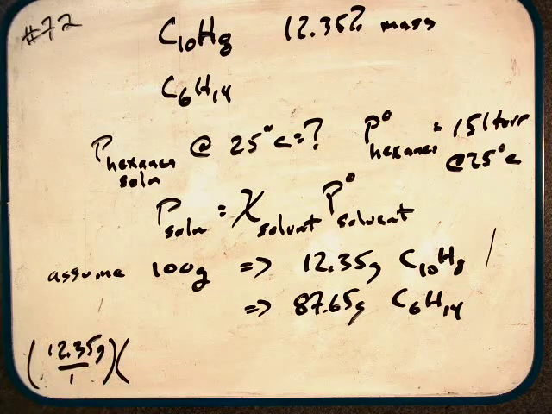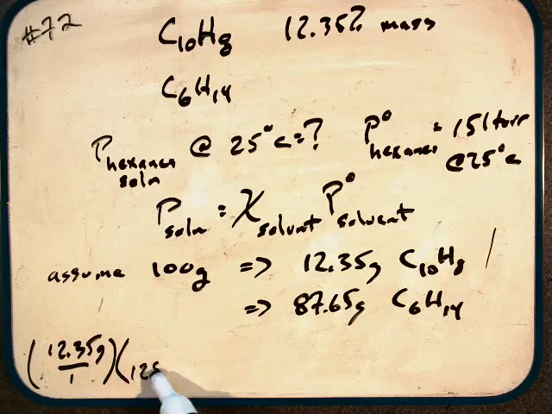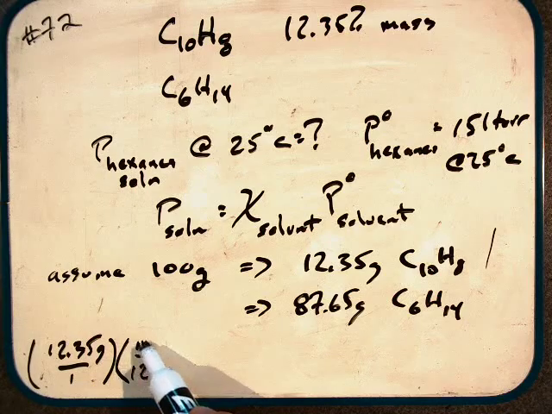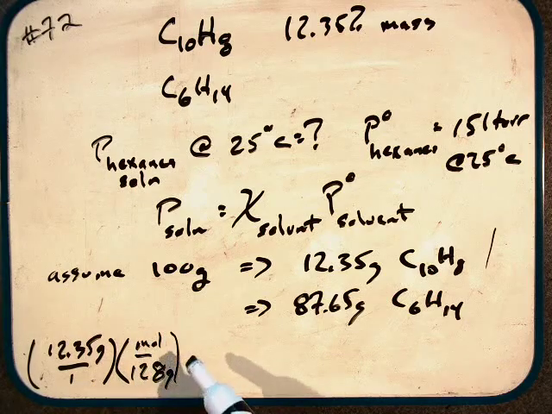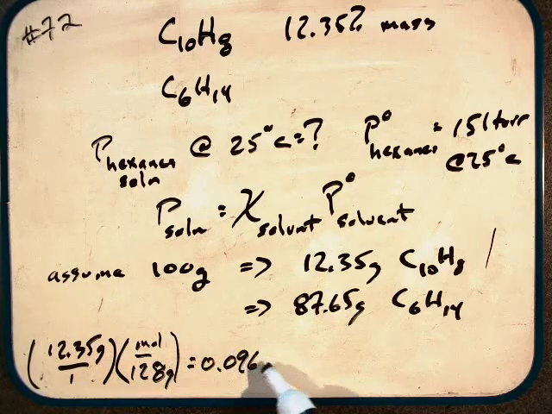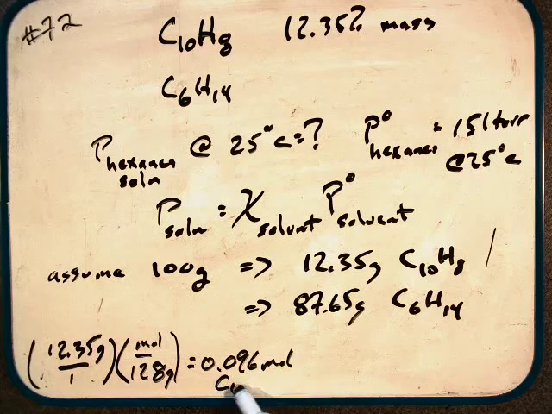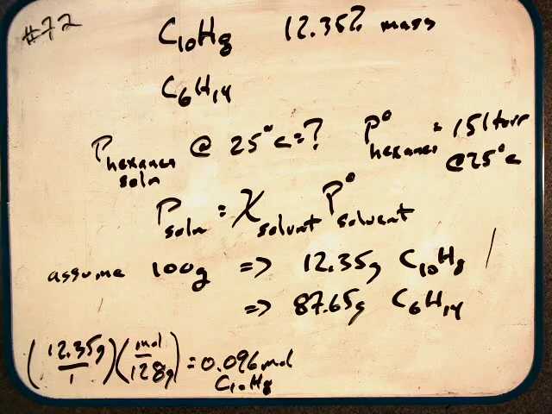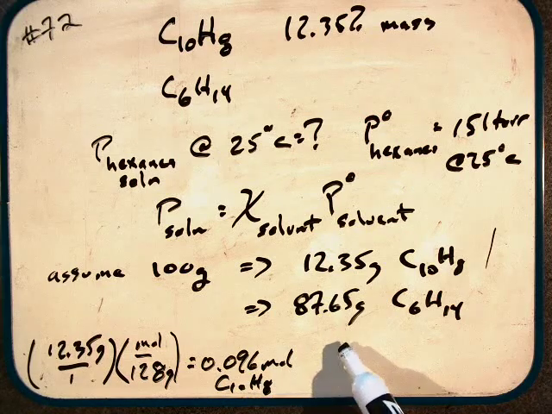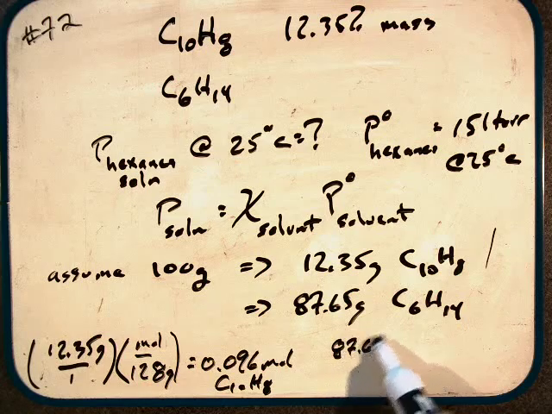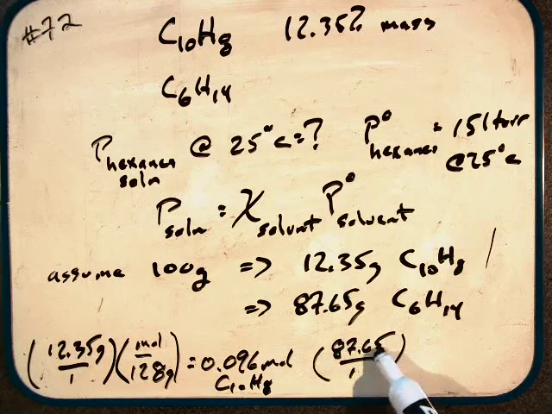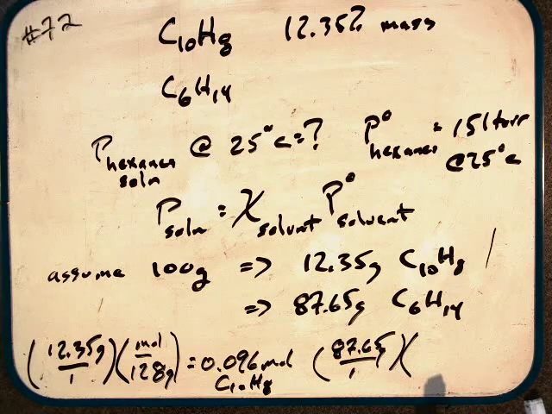We would then want to take each one of those values and divide by the representative molecular mass. So for our naphthalene, we would want to divide by 128, and that gives us 0.096 moles of the naphthalene. And then we would want to do the same thing for the hexanes.